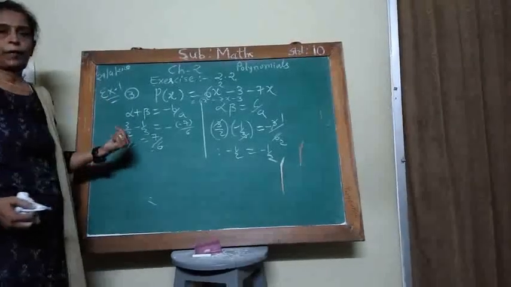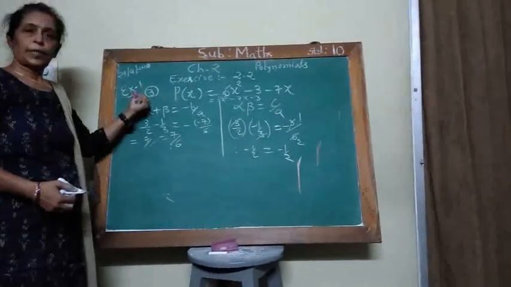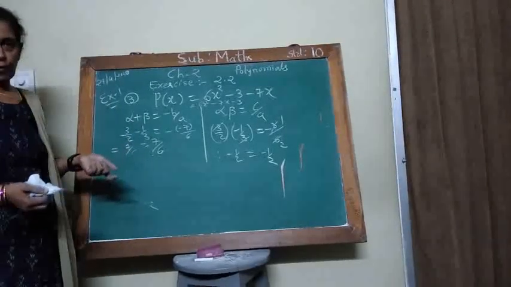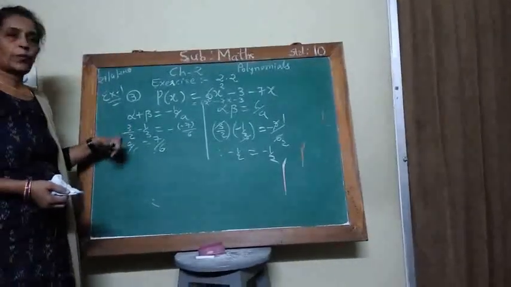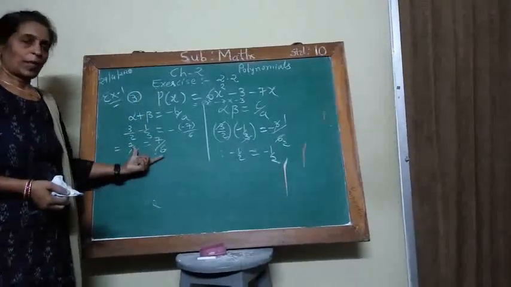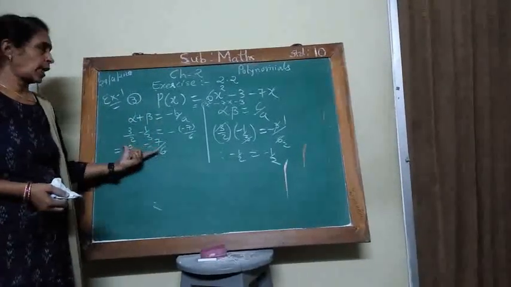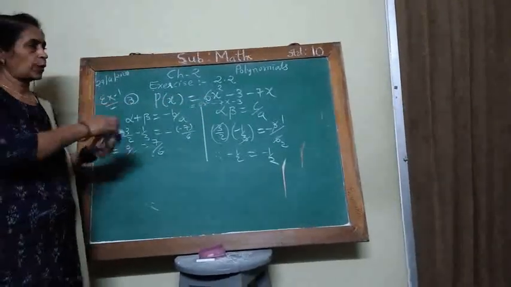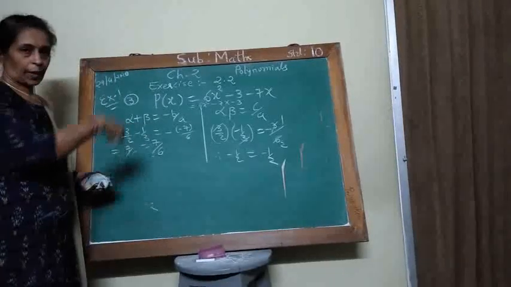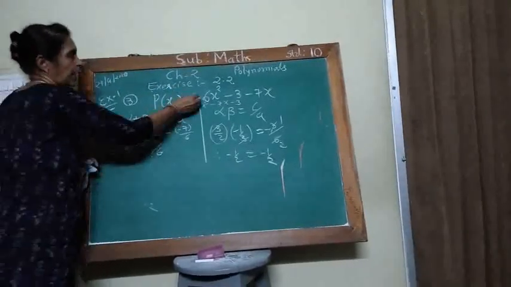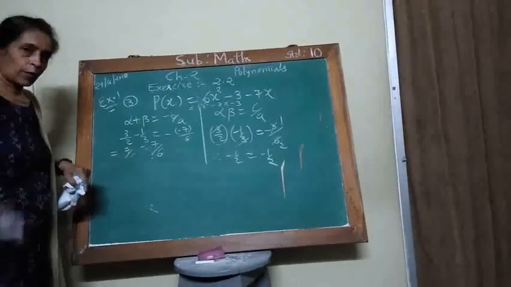In this way, I have completed 3 sums of example 1, and later on we shall do 4, 5, 6 sums the same way. Here we have not drawn the graph. If you draw the graph, then since 6 is positive, you get an upward parabola. And if 6 is negative, if I put a minus sign, then you get a downward parabola.